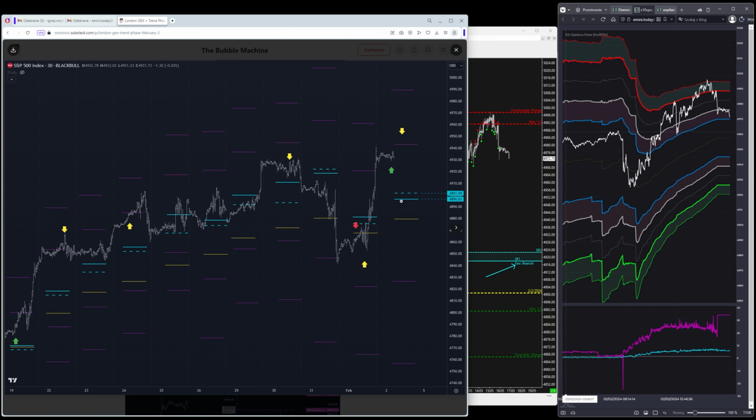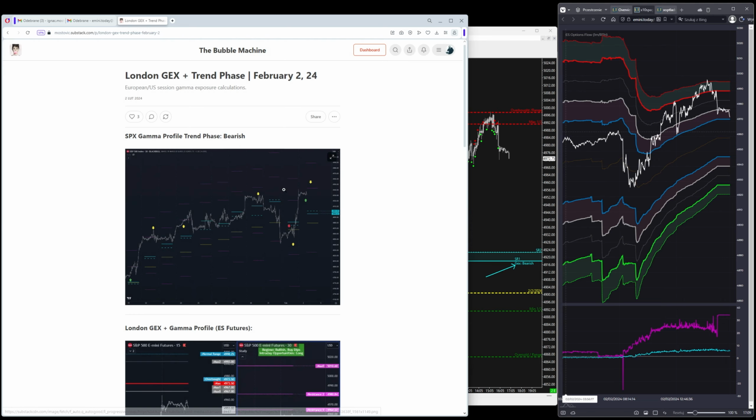Basically it's these support resistance levels, SR1 and SR2. So SR1 is that solid blue line, and the SR2 are the dotted ones. Okay, so it's probably a bit better visible. Let me see this.